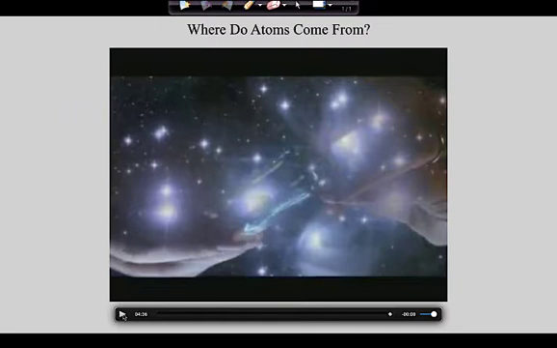And what do they start to form? Stars. They become so big and so massive, with so much gravity, that not only do the atoms attract each other, they smush together and form heavier and heavier elements.